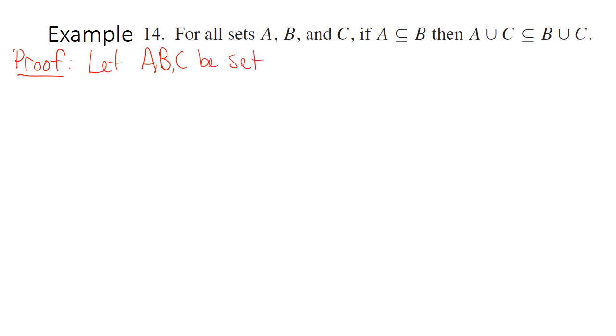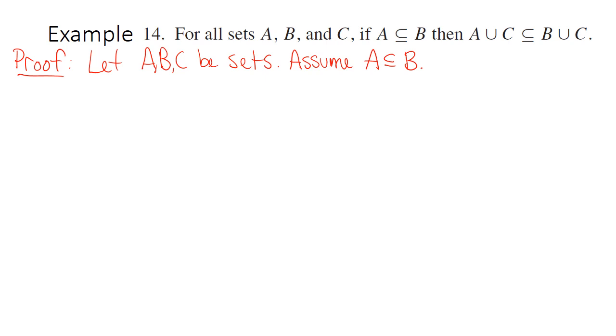You always need to define your letters that you're going to use. Now I'm trying to prove an if-then statement, so I'm always just going to assume the if part. That's direct proof technique. So assume the if part, assume A is a subset of B.